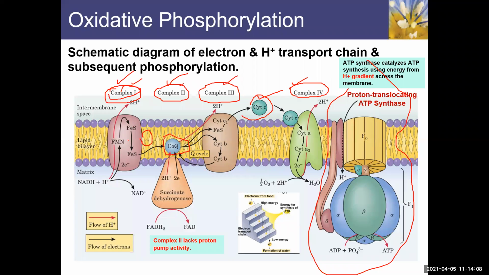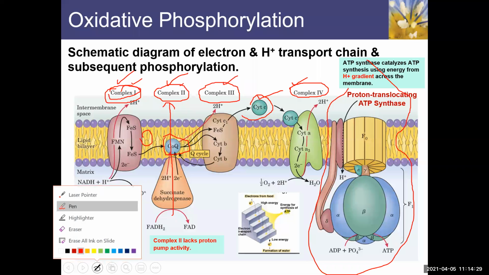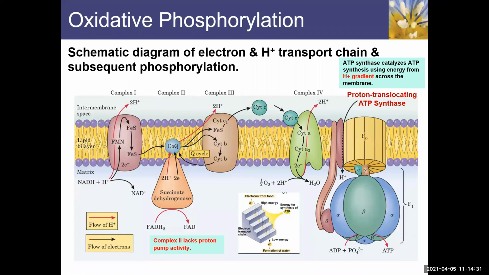Then we talk about complex 2. What you need to remember here is that this is the only complex which cannot pump the protons into the intermembrane space. If you remember, when I started explaining what we are going to do in this, I told you our aim is to pump the protons into the intermembrane space, right?